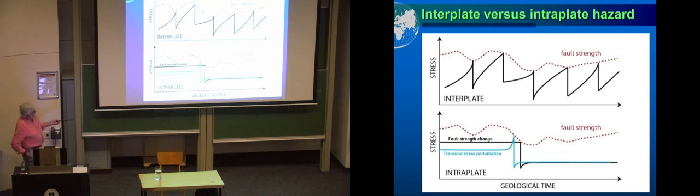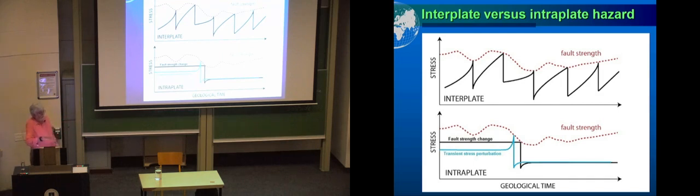The blue line is that you could have what they call transient stress perturbations. The stress is actually quite low, below fault strength, and then suddenly some kind of loading takes place. And that can be hydrological loading, either of natural type or artificial type, and the stress suddenly goes up because of a transient, hits the fault strength, and then gets dropped again, and then resumes at a low level. That whole area has then, unlike the tectonic faults along the plate boundaries, that region is now comparatively safe.